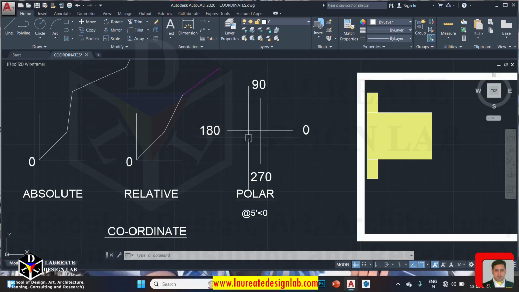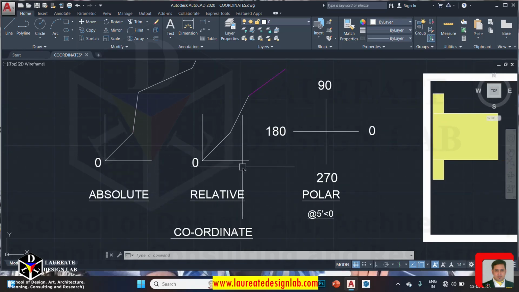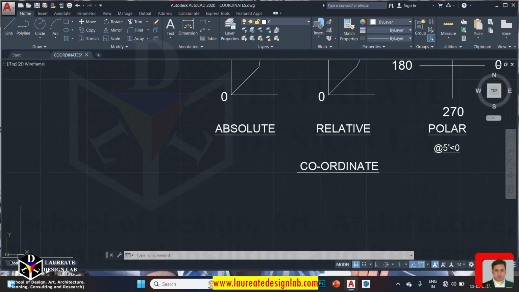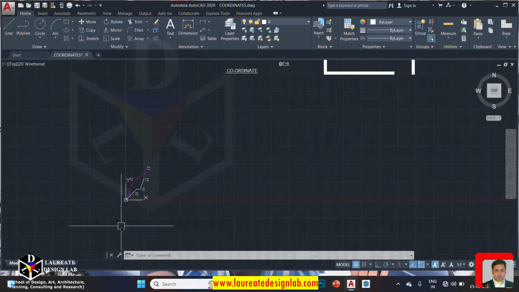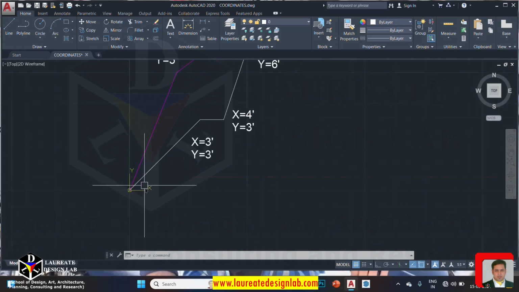This concept is not similar to what you have learnt in absolute and relative coordinate. In absolute and relative coordinate, what you have learnt is that x will be this side. You can see here, x will be this side, y will be this side. Always, it's fixed. Minus x this side, minus y this side.